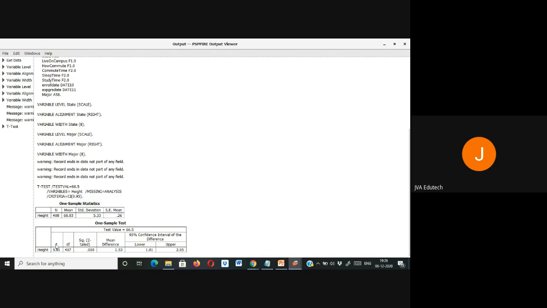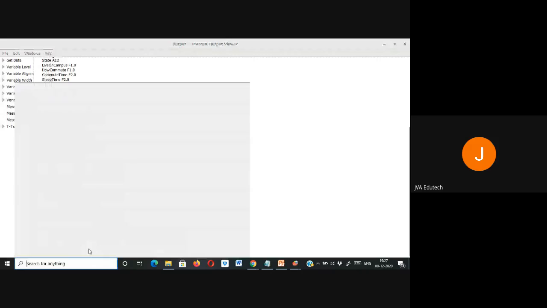And where are you getting this t value from? It's simple. The t value is nothing but the mean difference divided by the standard error mean. You can simply see it here.